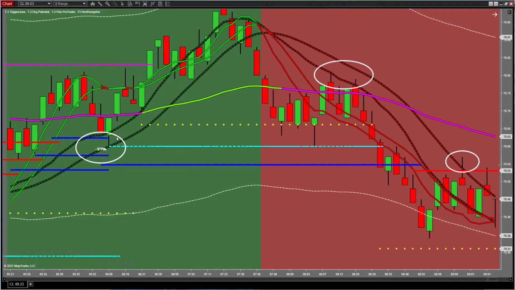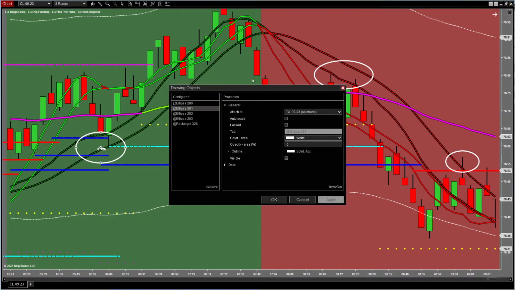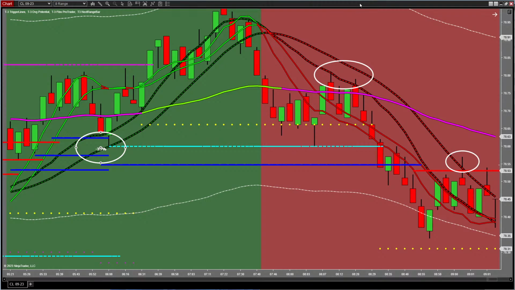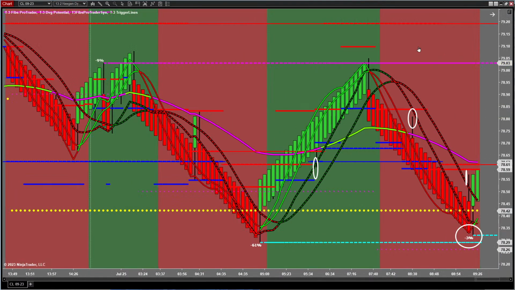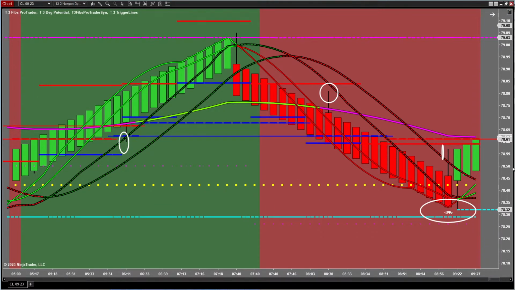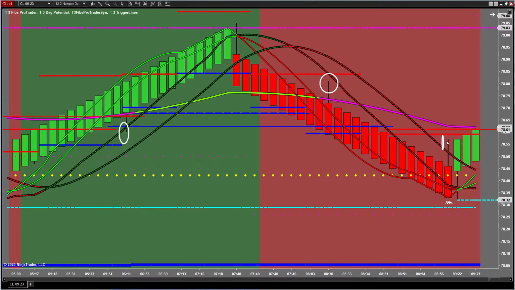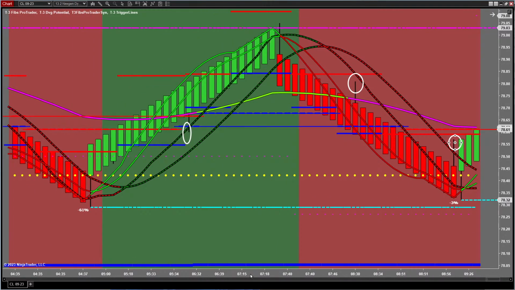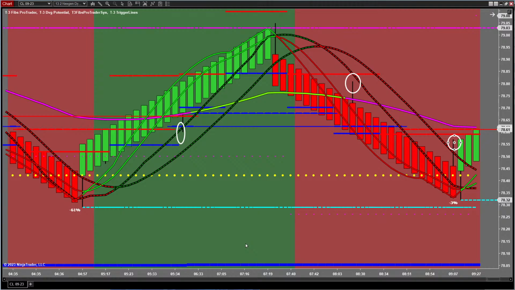So look, these circles, let's look at them on the 13-2 chart. Did the 13-2 chart agree with what the range bar chart was saying at the same spot, at the same time?